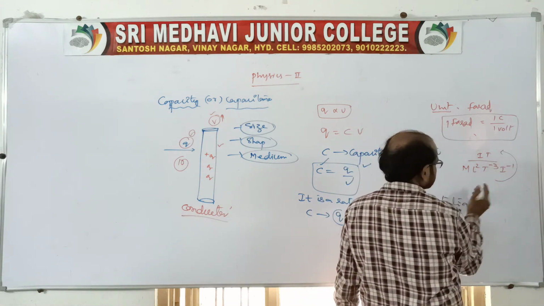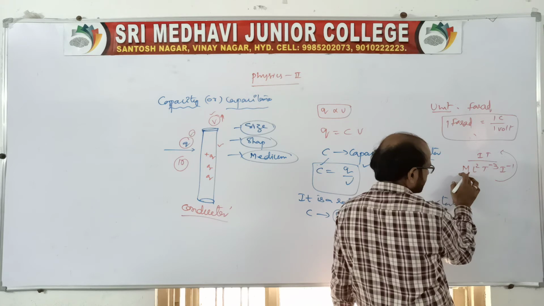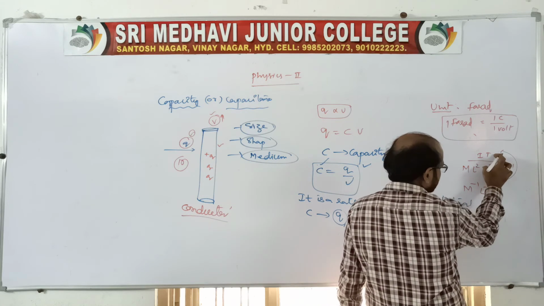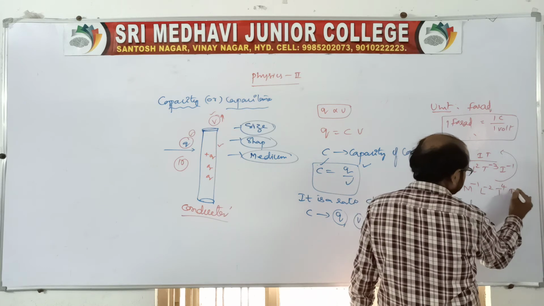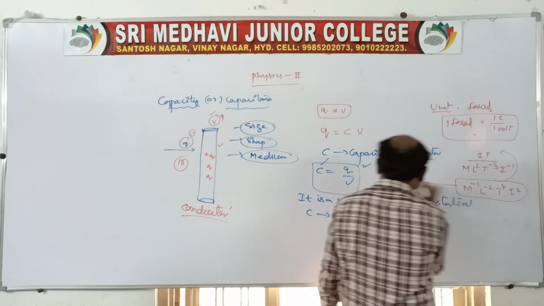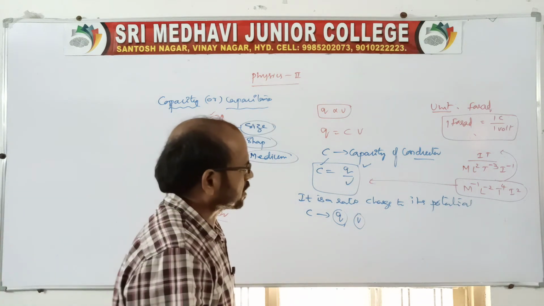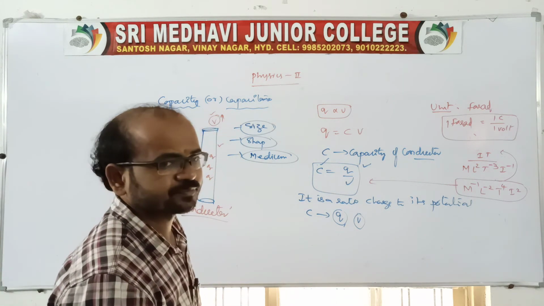Bringing it together, it becomes M power minus 1, L power minus 2, T power 4, I square. This is the capacity dimensional formula.